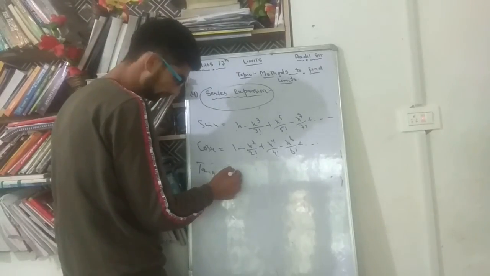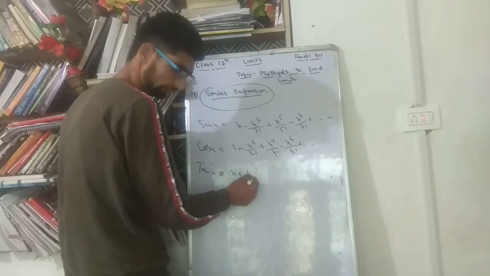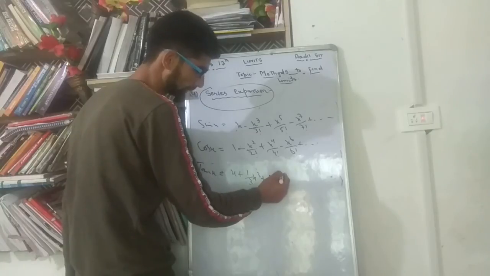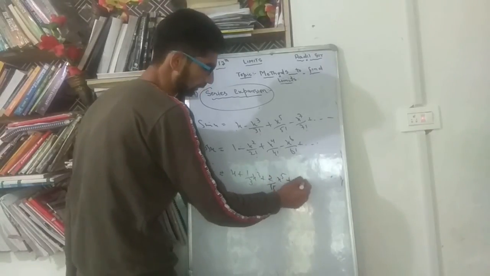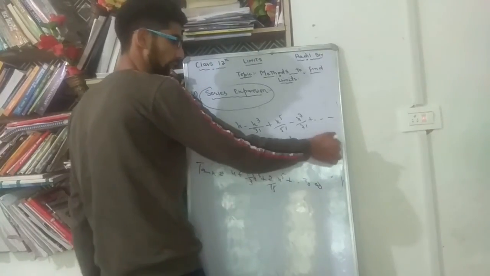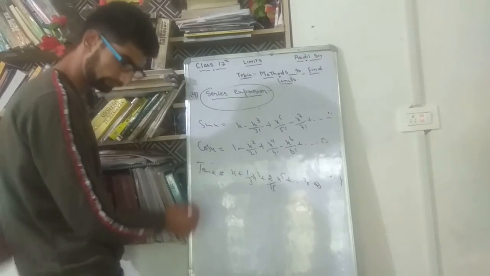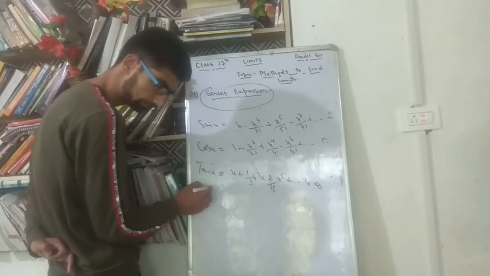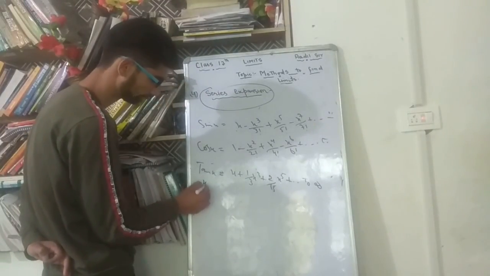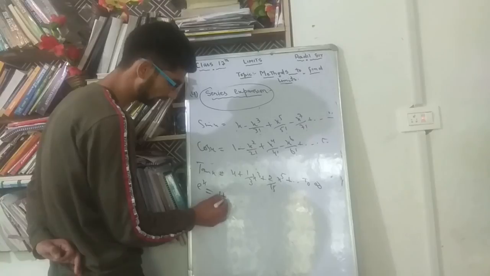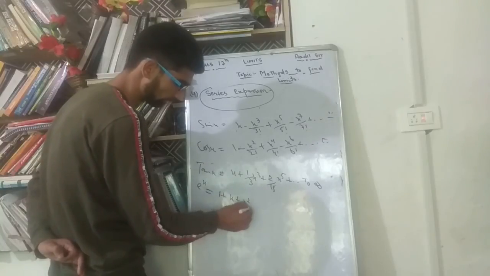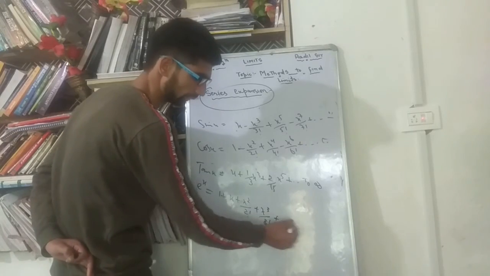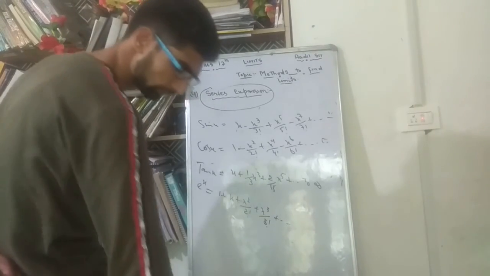Tan x is x plus 1 divided by 3 x cube plus 2 divided by 15 x 5 plus so on to infinity. And e raised to x is equal to 1 plus x plus x square divided by 2 factorial plus x cube divided by 3 factorial plus so on up to infinity.